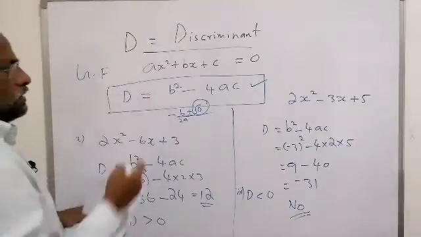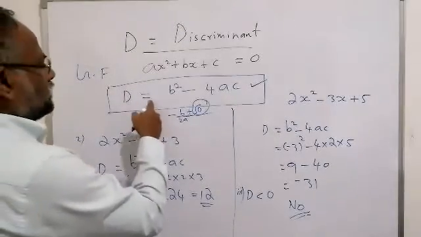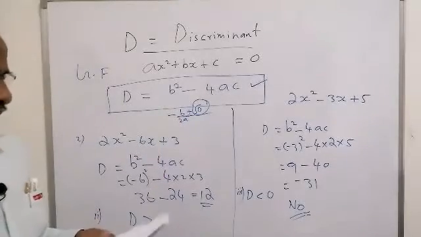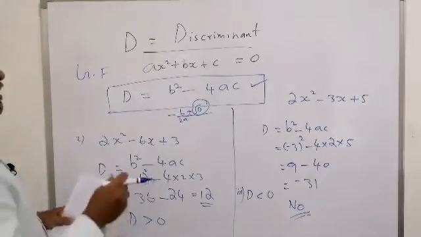D is equal to the discriminant, that is equal to b² − 4ac. All of you write up to here.